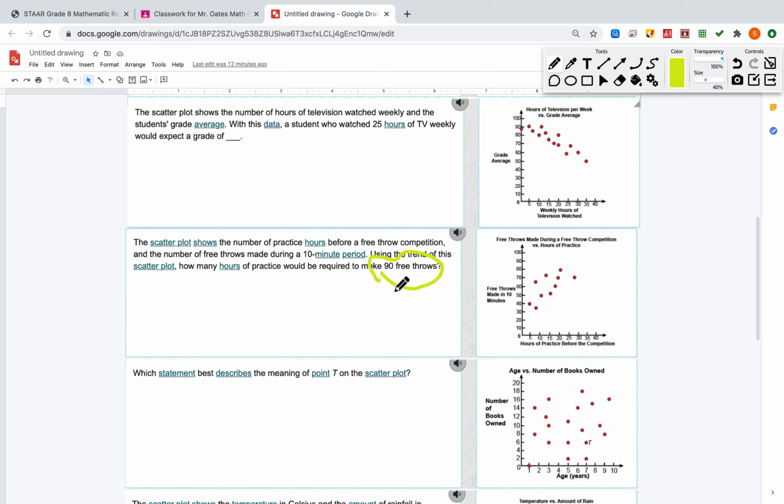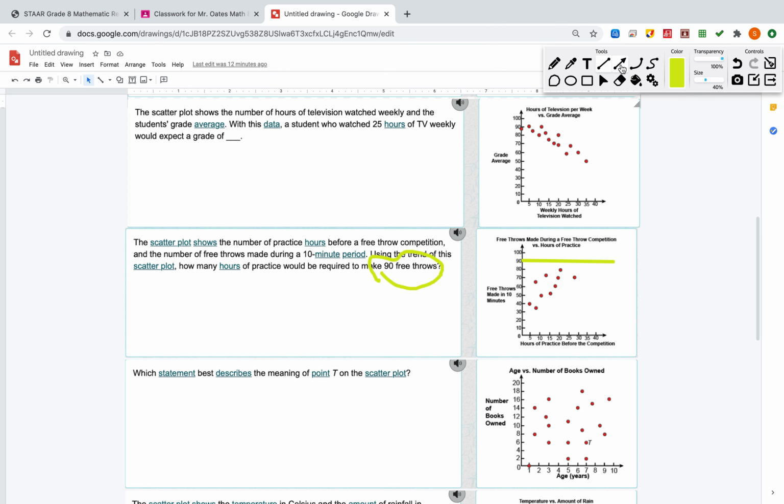So we're going to go to the amount of free throws made in 10 minutes, and we're going to go all the way up to 90. We need to stop whenever we get to 90 free throws. So we did that.